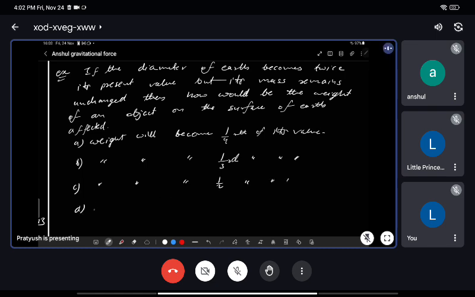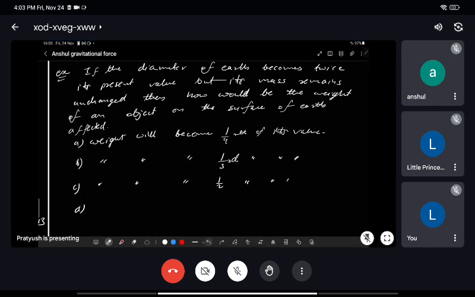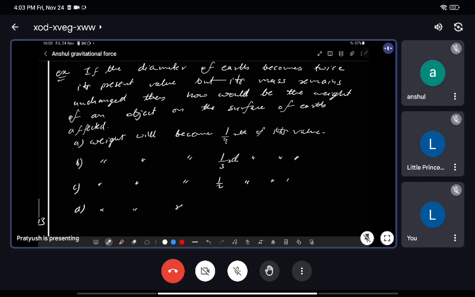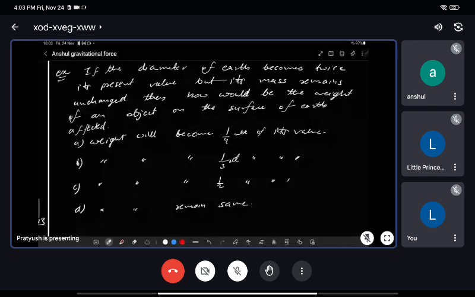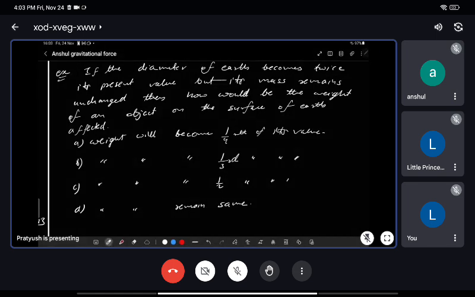And D option, weight will remain same. Try solving it. Read the question twice. Try to understand what the question is asking and then try to solve it.